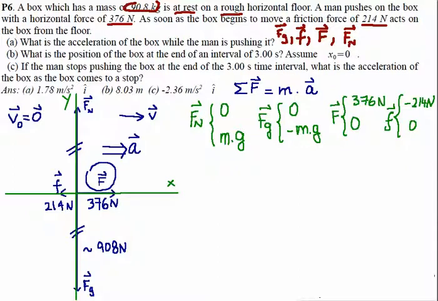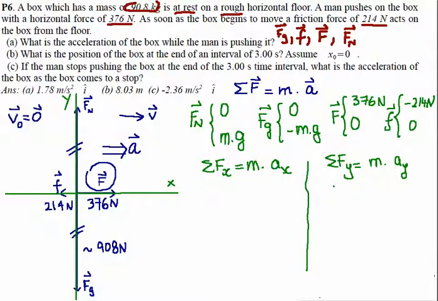So what you can do now is apply Newton's second law to each axis. Along the y-axis, you get 0 equals mass times acceleration, which tells you that the object is not accelerating in the vertical direction.